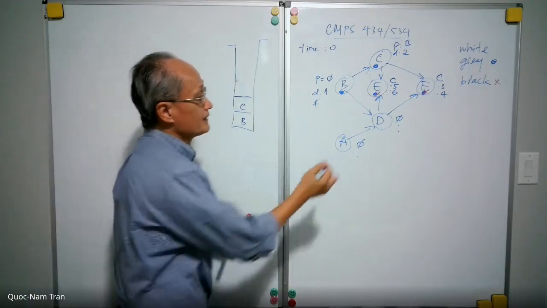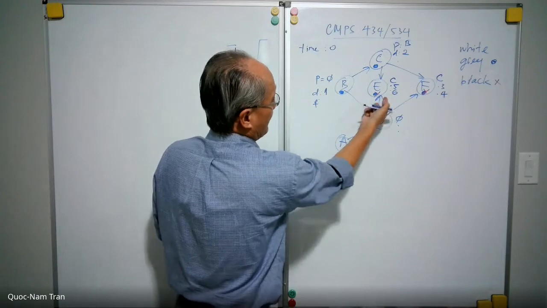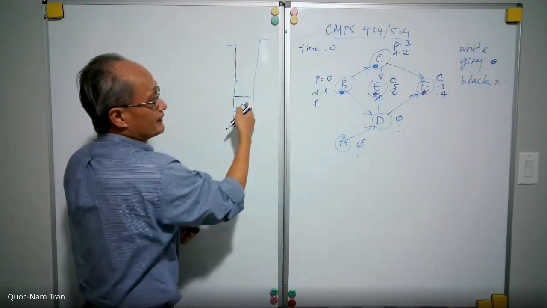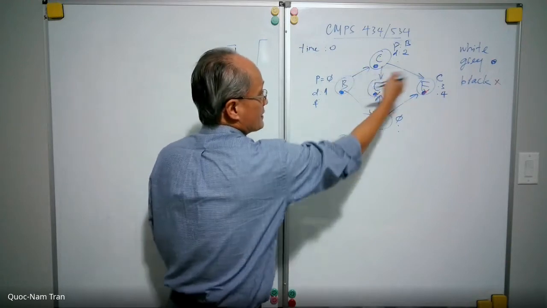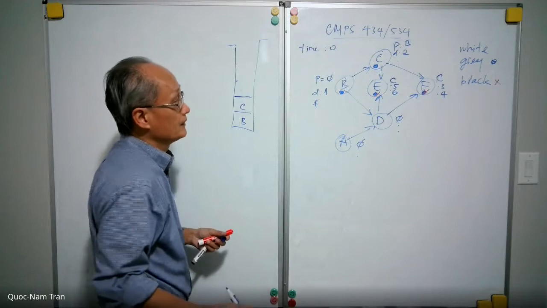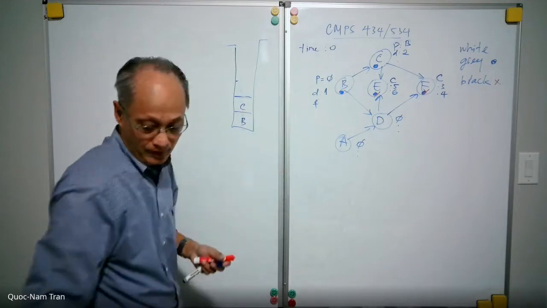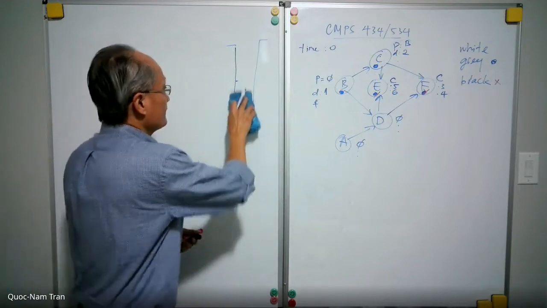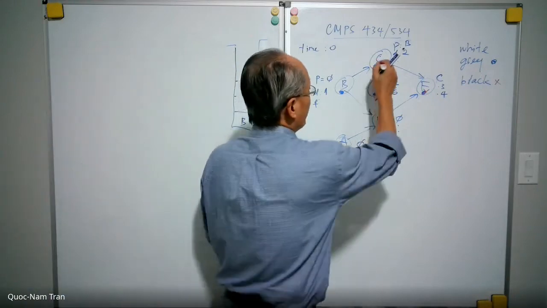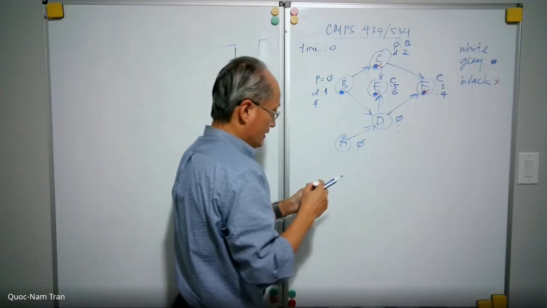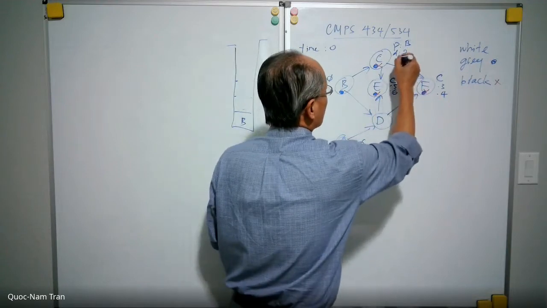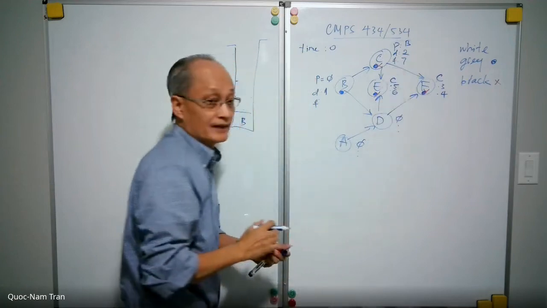Similarly, after we finish this one, we go back to C. C has no more adjacent nodes that we need to discover, so we are done with that. We pop it out, mark it black, and then we have 7 as the finishing time.